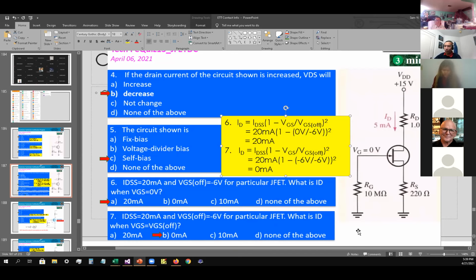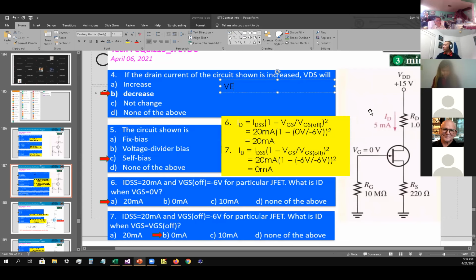Okay, anybody have a question? Sam, yes sir. Can we go back to question 4? The way I got it is VDS is equal to VD minus VS, which is equal to ID, which is common to both, times the resistors RD minus RS.